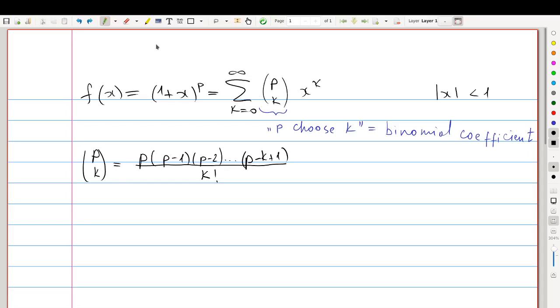In one of the previous videos, we obtained this formula for the Maclaurin series of (1 + x)^p, where p is any real number. So we called the right-hand side here the binomial series.